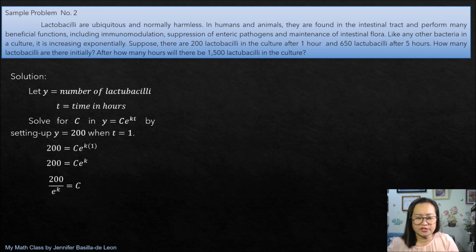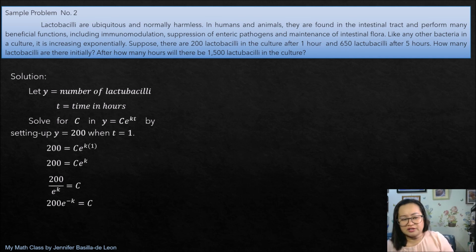Now we solve for C by dividing both sides by e^k. So on the left side we have 200 divided by e^k, while on the right side we have C. So rewriting that, we would have 200e^(−k) equals C. That will be our equation or model.